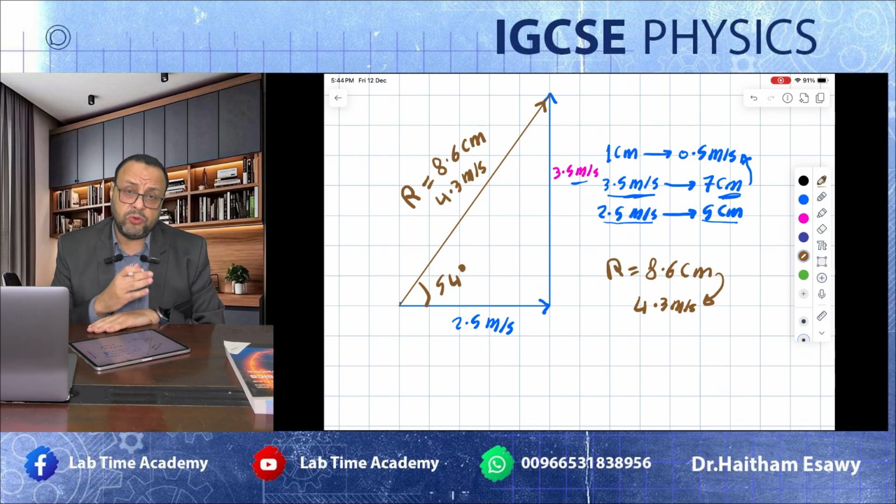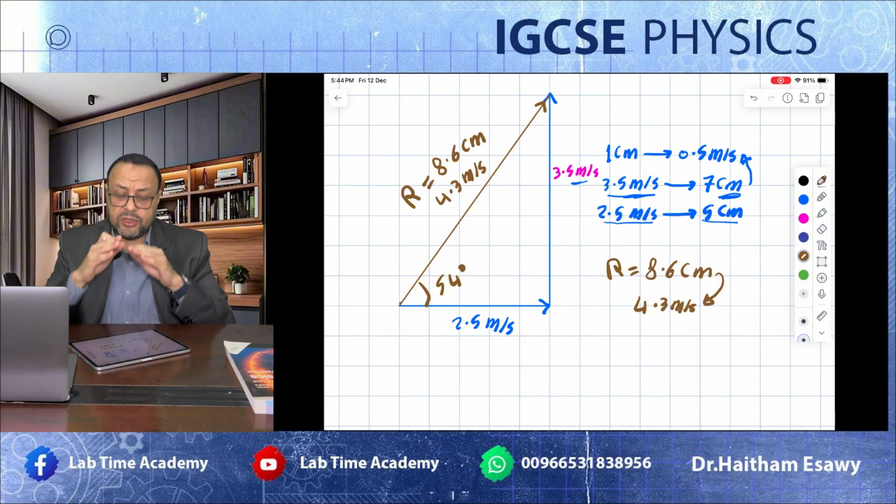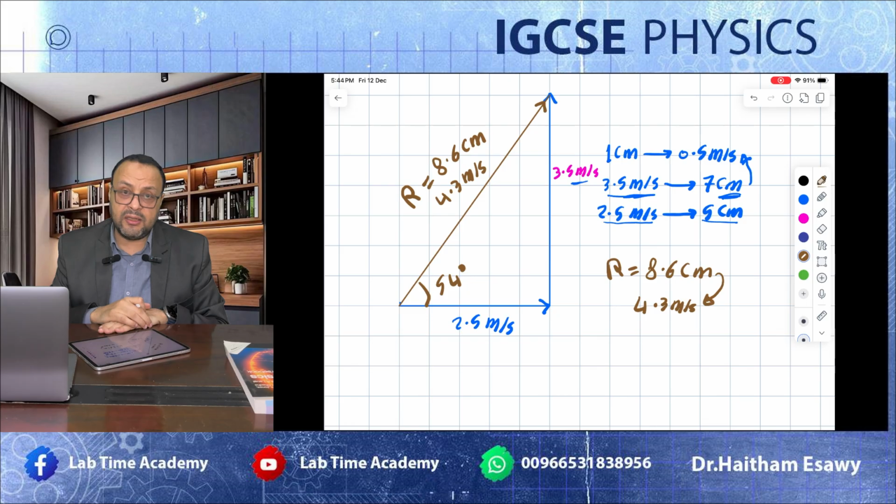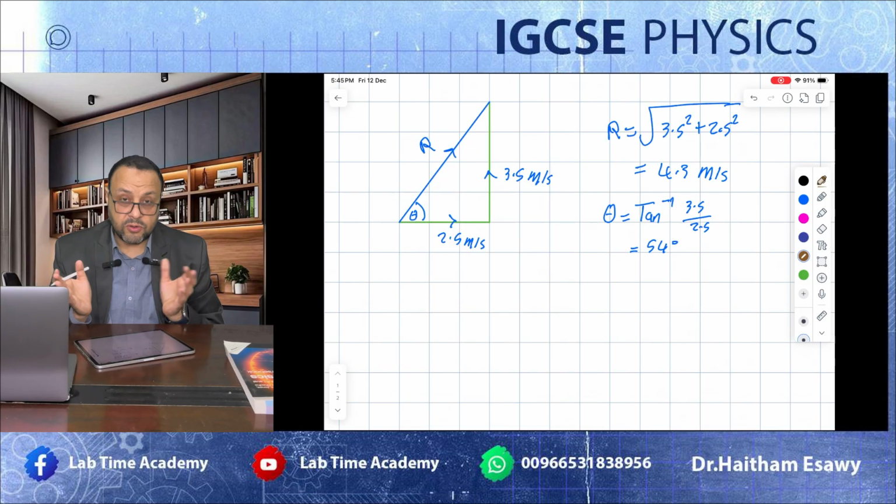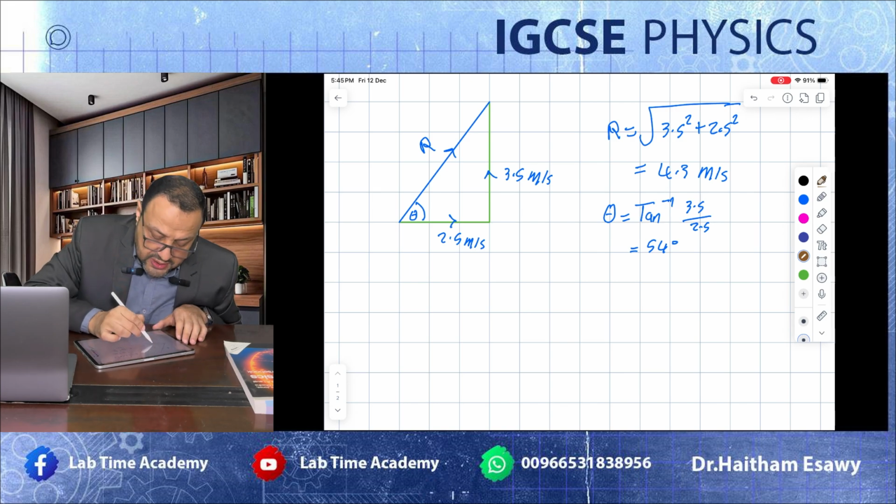The second method, you can get the resultant by calculation. It's too easy, by Pythagoras theorem. Just a right angle triangle, and use the Pythagoras theorem to get the resultant.